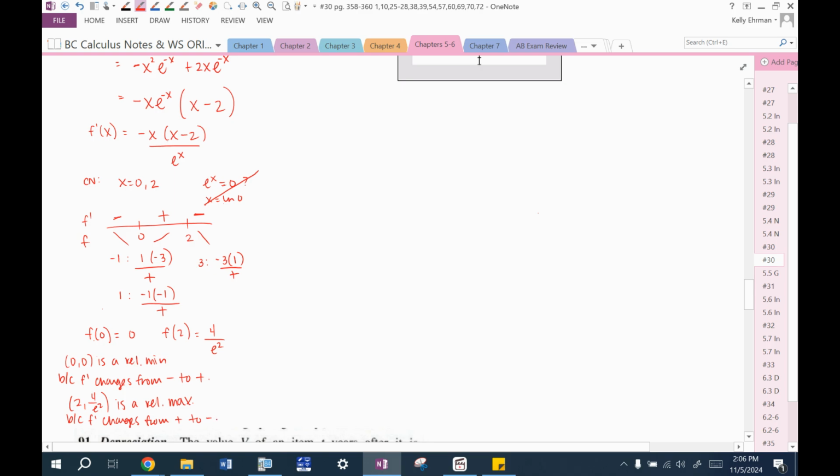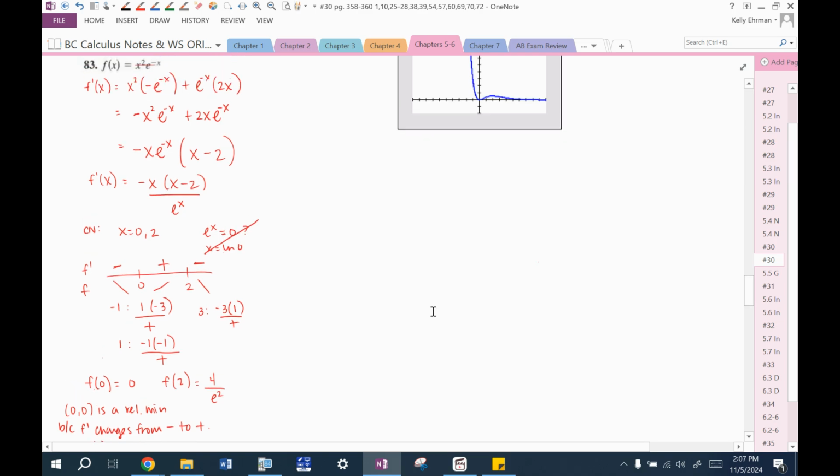Write out the words negative and positive on the AP exam, please. Okay, what about points of inflection?